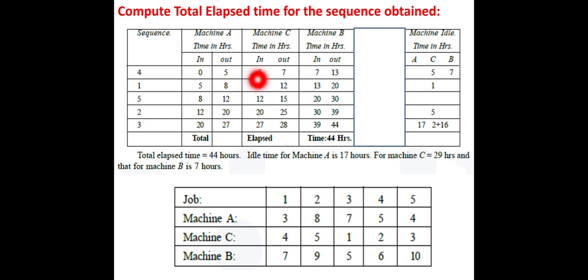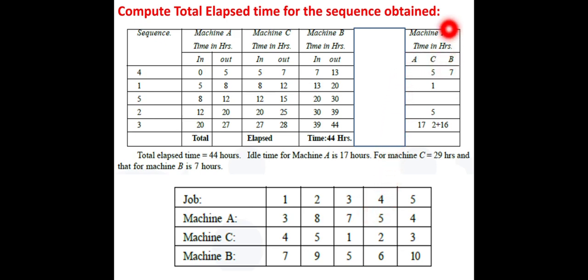So at the 5th hour it enters machine C. I add 2 here, so the total will be 7. Again it enters machine B at the 7th hour. I add 6 here, 7 plus 6 is 13, which is the processing time of job 4 on machine B.